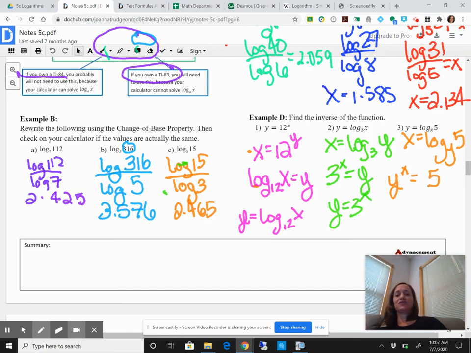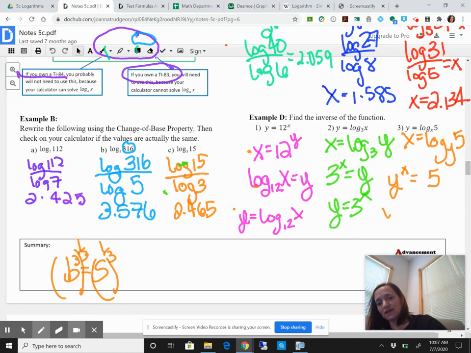So how could you get rid of this exponent x? We were doing this in the last section. When you had b to the third equals 5, remember how we raised both sides to the 1/3? You can do this here too. I don't want that x there, so I'm going to raise the left side to the 1/x.